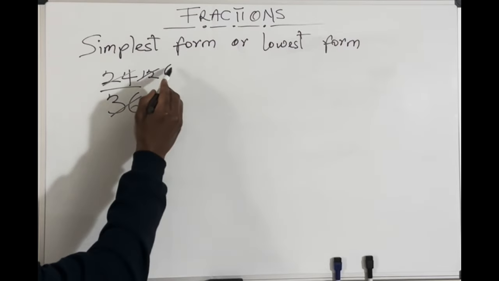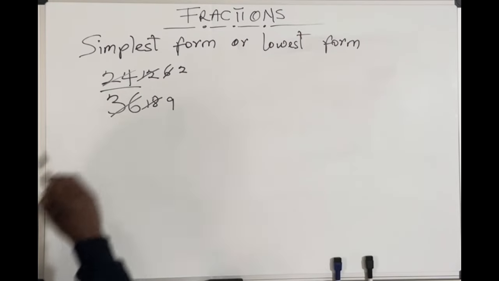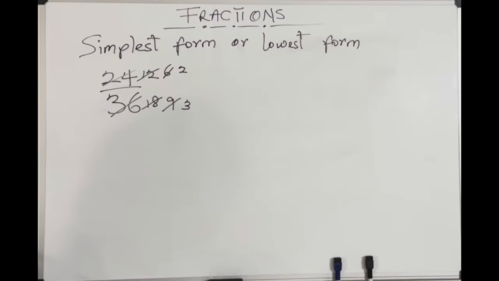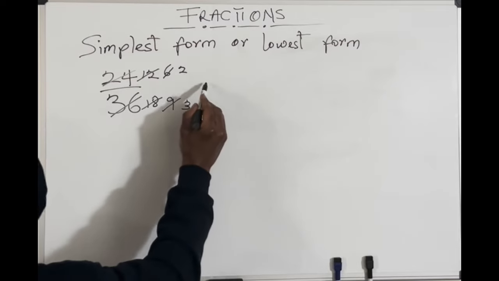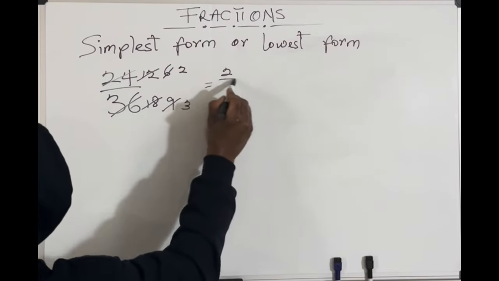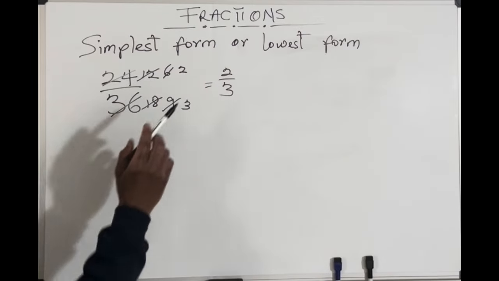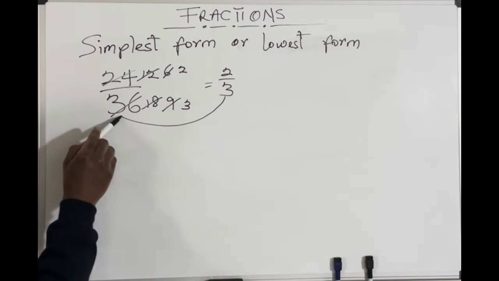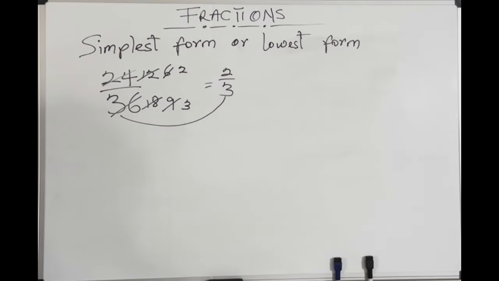So 3 goes into 6 how many times? 2. It goes into 9 how many times? 3. Now we can't simplify further. So our final answer will be 2 over 3. So 2 over 3 is said to be the simplest form of 24 over 36. Okay.